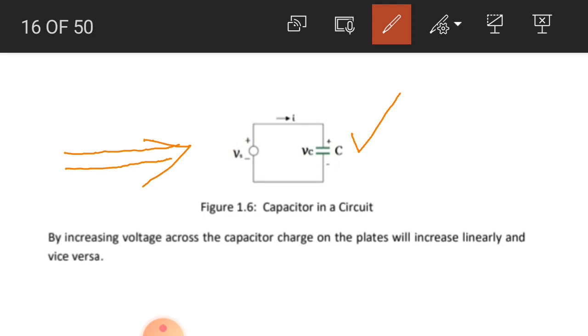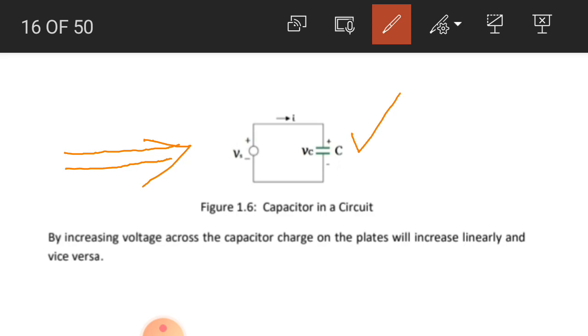Whenever we apply some voltage across a passive circuit element, the voltage results in a current. And the nature of the current depends upon the nature of the applied voltage.